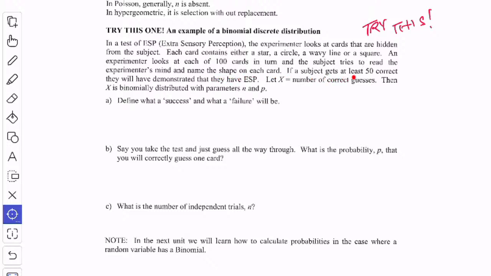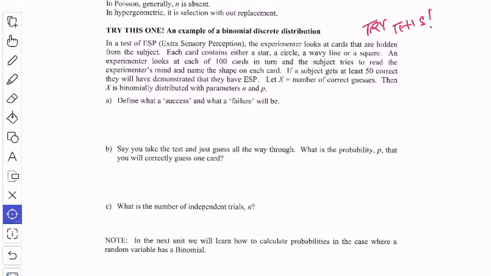If a subject gets at least 50 correct, they will have demonstrated that they have ESP, extrasensory perception. So X is the number of correct guesses. Then X is binomially distributed with parameters N and P. If this is the case, then what is N and what is P?